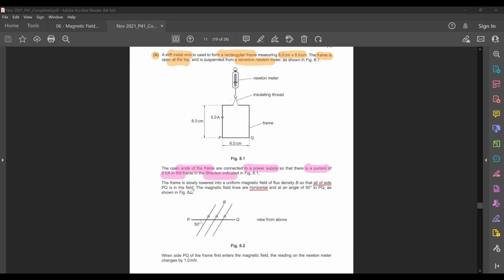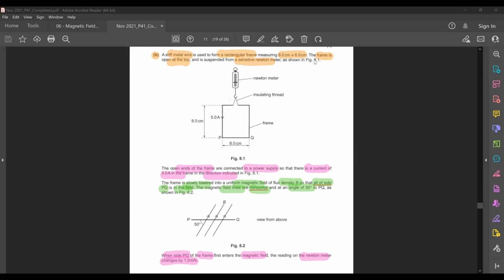The frame is slowly lowered into a uniform magnetic field of flux density B so that all of side PQ is inside the field. The magnetic field lines are horizontal and are at an angle of 50 degrees to PQ. From there, they also did mention that when side PQ of the frame first enters the magnetic field, the reading on the Newton meter changes by 1 millinewton.